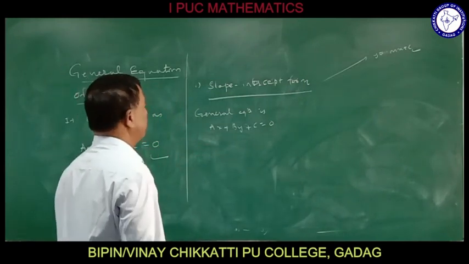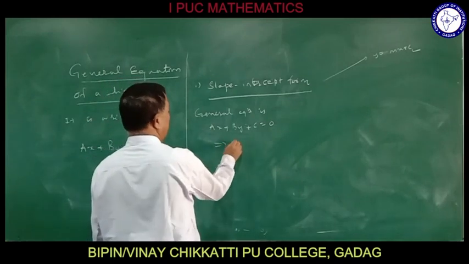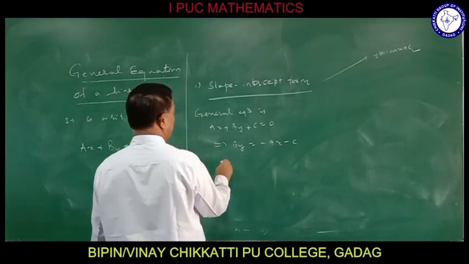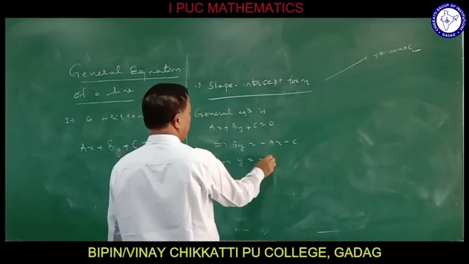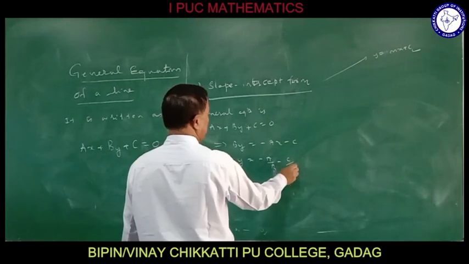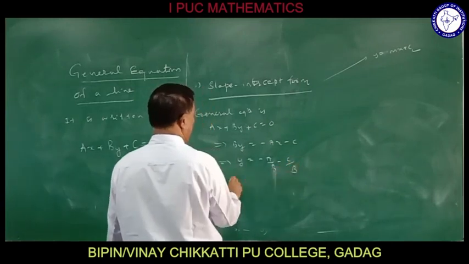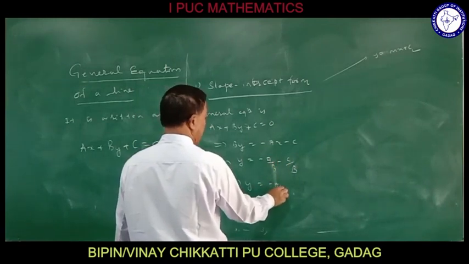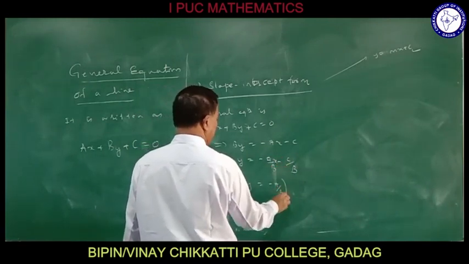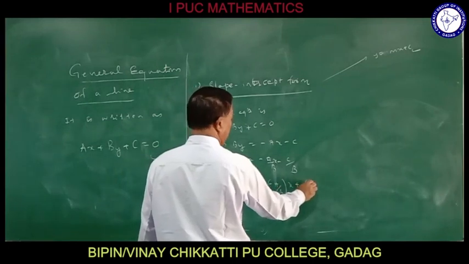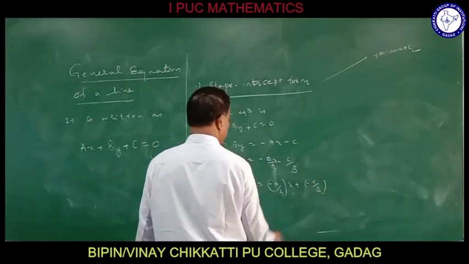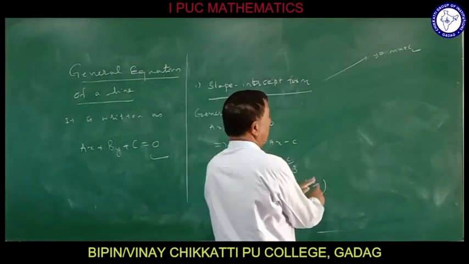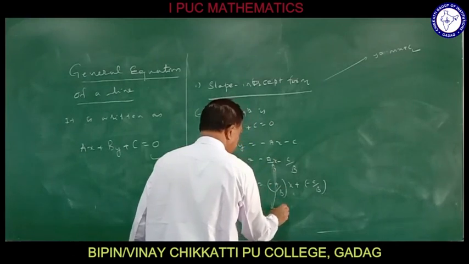So accordingly, by equal to minus ax minus c. This gives y equal to minus a by b x minus c by b, or y equal to minus a by b times x plus minus c by b. So now it is of the form y equal to mx plus c. What is m? This is the slope.